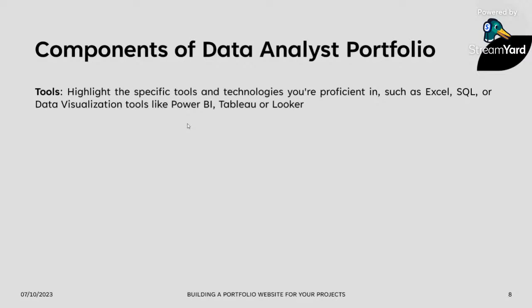And the third one is a BI tool, which is business intelligence tools. It can be Power BI, Tableau, Looker, Qlik, or any other BI tool. But the most popular ones are Power BI and Tableau. So these three tools are the most important tools for you as a data analyst, and then you pick up Python or R and every other tool along the way as your career advances.